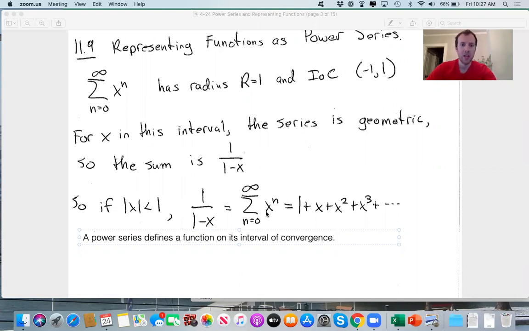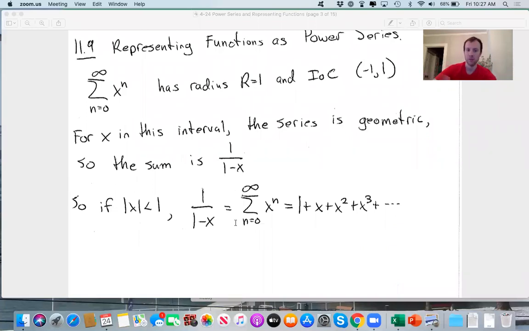There's another way of looking at this, which explains why I said this is actually important. So 1 over 1 minus x, we're saying that's equal to this series. And this series, if you actually write it out, is 1 plus x plus x squared plus x cubed plus so on.